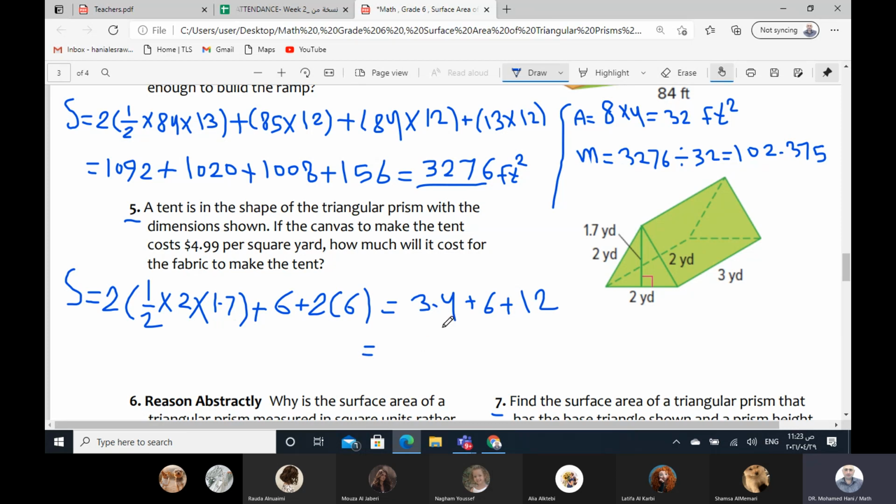So 3.4 plus 6 plus 12, the answer will be 21.4 yards squared.